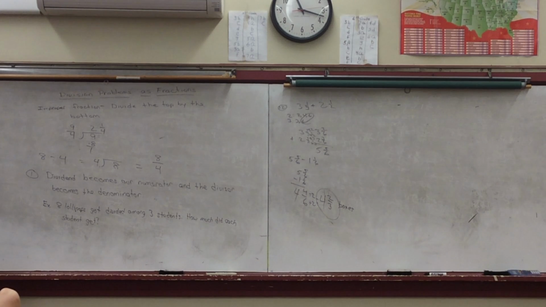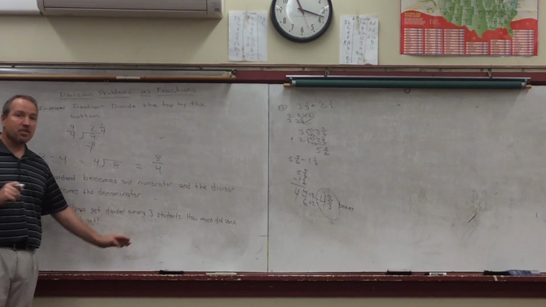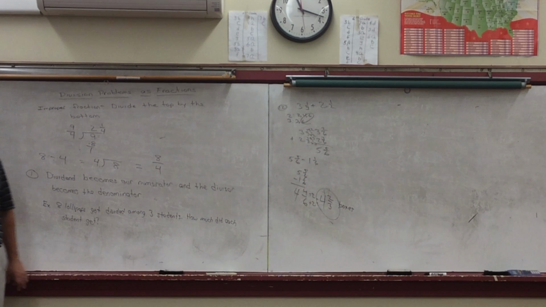Well, typically, how would we solve that problem? The key word is what word? Each. So we know we're going to be multiplying or dividing. We want to find out how much each person got, how much one person got. So to solve that, we're going to do what? Multiply or divide? Divide. What is getting divided? The lollipops.